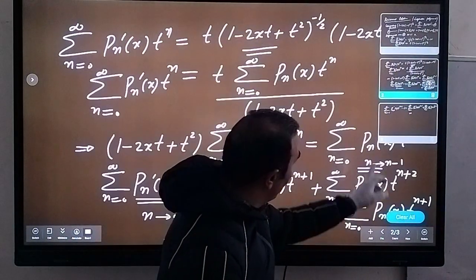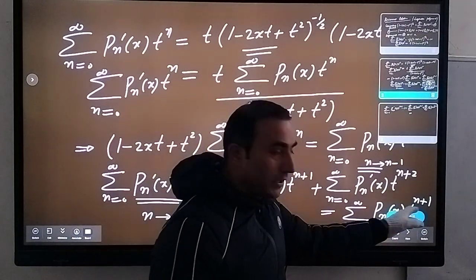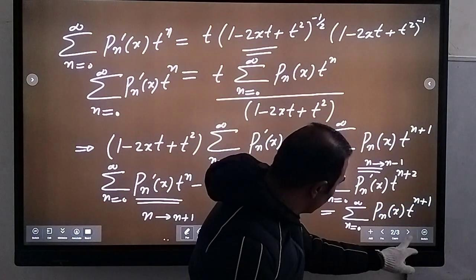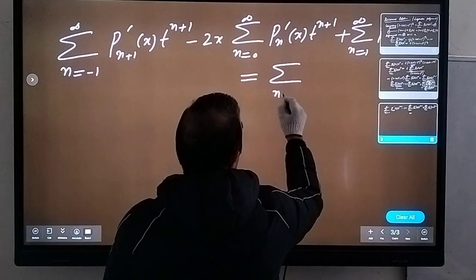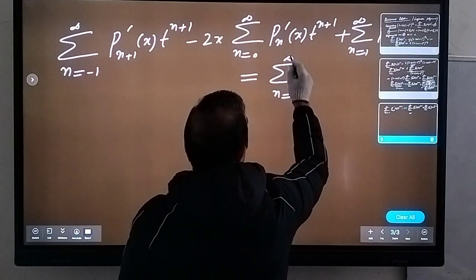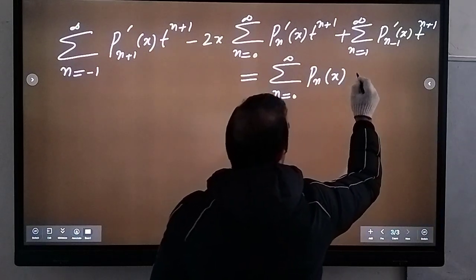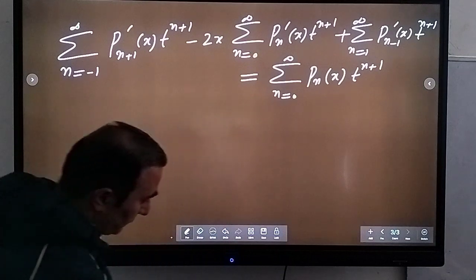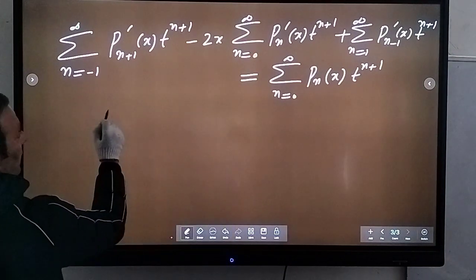So for the right hand side, there will not be any change because here already t raised power n plus 1 is there, so no need to shift that n, right? So the right hand side will be as it is. So right hand side will be equal to, okay. Now you can do one thing. Now you equate the coefficients. So you equate.